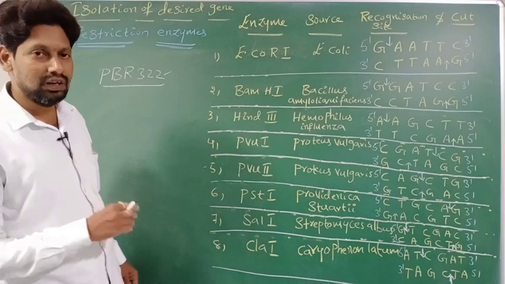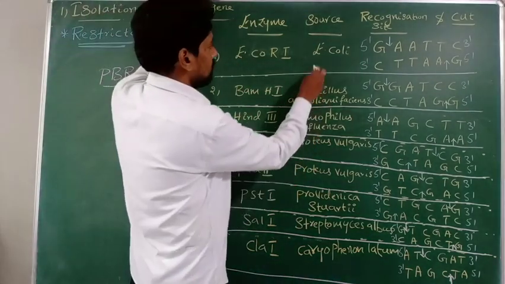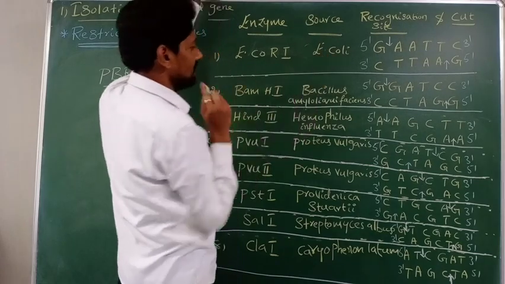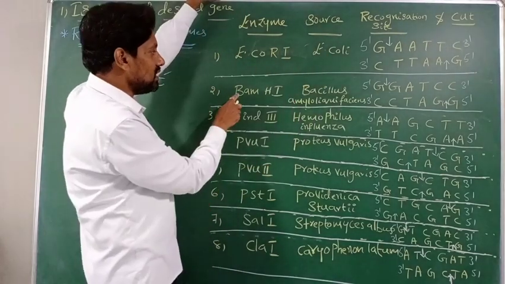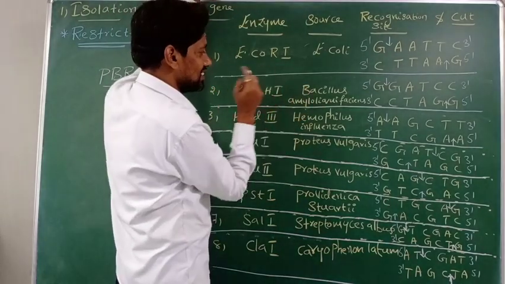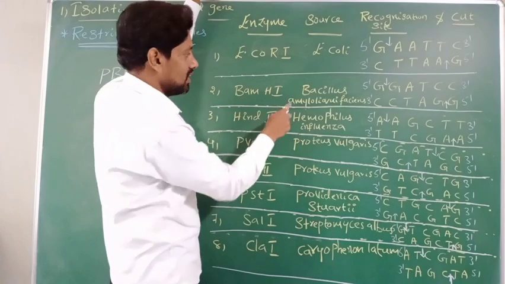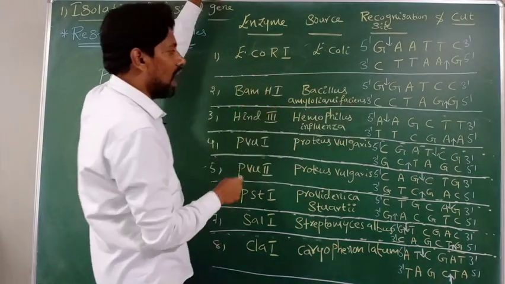Now, listen here. EcoRI is isolated from Escherichia coli bacteria. BamHI is isolated from Bacillus amyloliquefaciens.